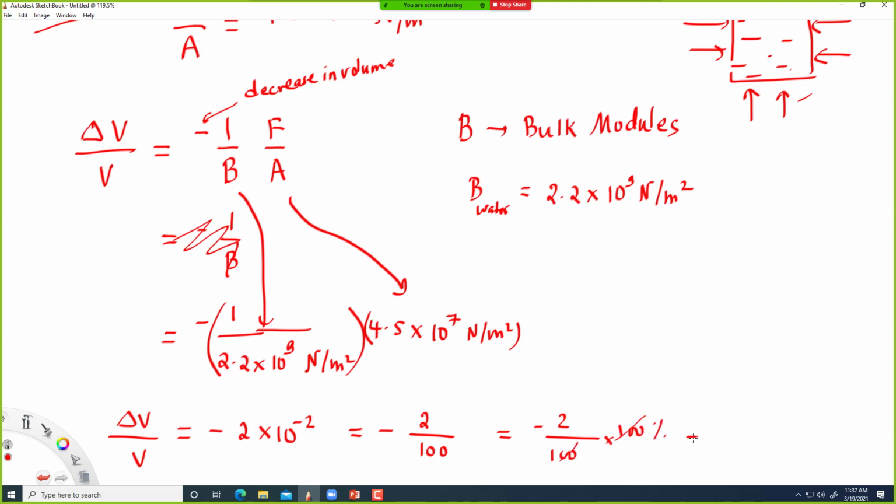So that's about negative 2%. Negative 2% means the volume decreases by 2%. So when you apply this force over that area, the volume of the seawater decreases by 2% of its original volume.